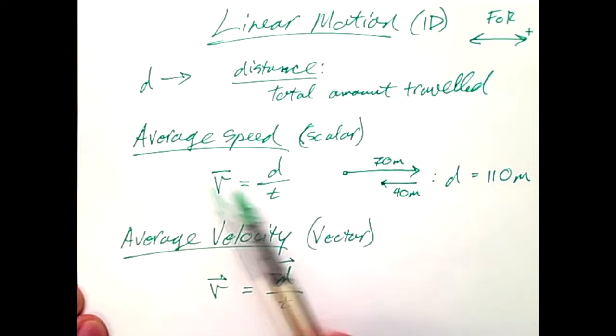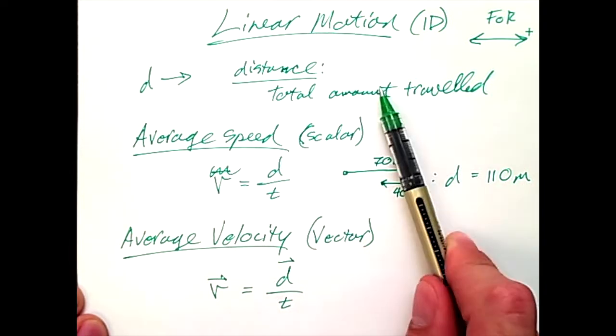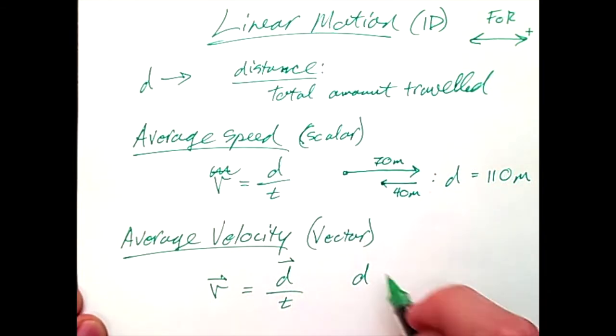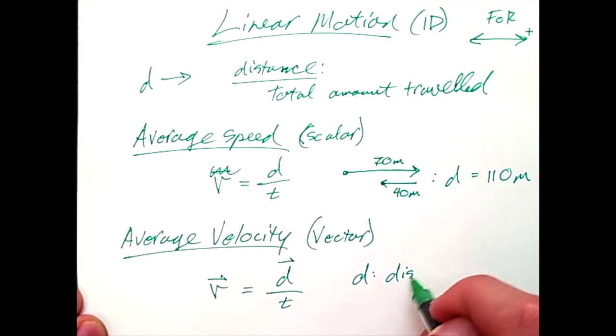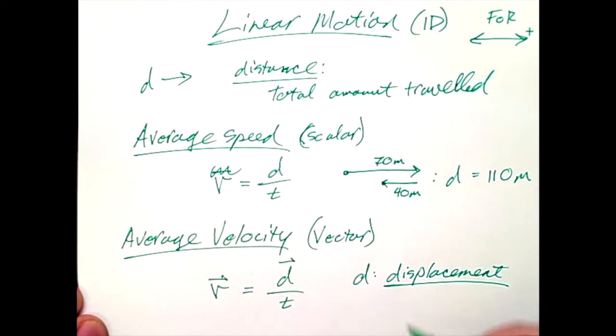Anything that has nothing on top would be a scalar measuring distance and speed, versus a vector measuring displacement and velocity. In this case, d is displacement, which is also known as a change in position, or the distance from the starting point only.